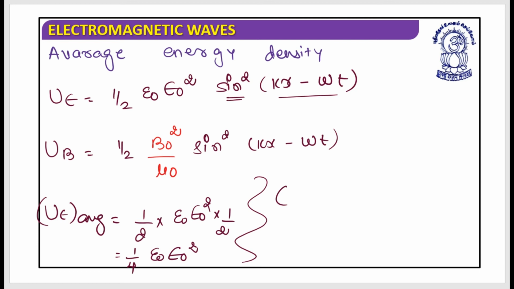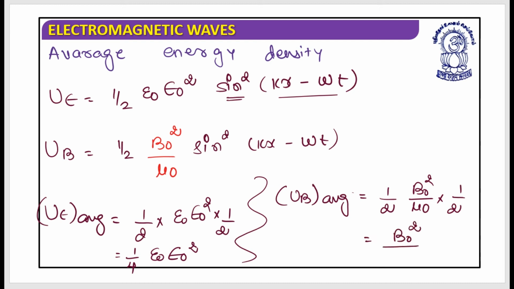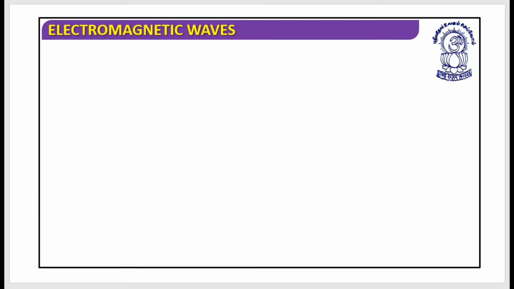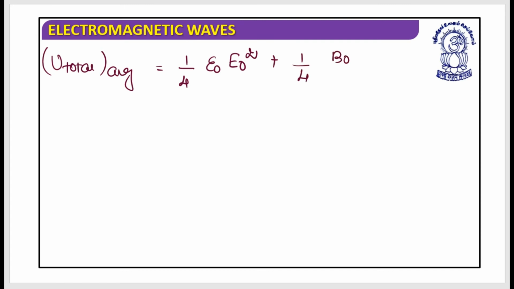In the same way, UB average equals 1 by 2 into B naught square by mu naught into 1 by 2, that is B naught square by 4 mu naught. This is the UB average. So if I take the average of U total, it equals 1 by 4 epsilon naught E naught square plus 1 by 4 B naught square by mu naught.